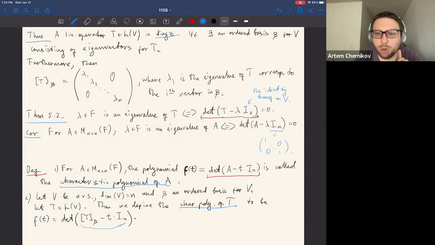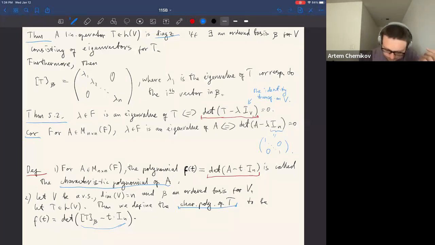Also, an important point: this doesn't depend on beta. It's important that we define this as the characteristic polynomial of T, instead of saying this is the characteristic polynomial of T with respect to a given basis beta. The reason is what we mentioned earlier: the determinant of the matrix representing T doesn't depend on the choice of beta.